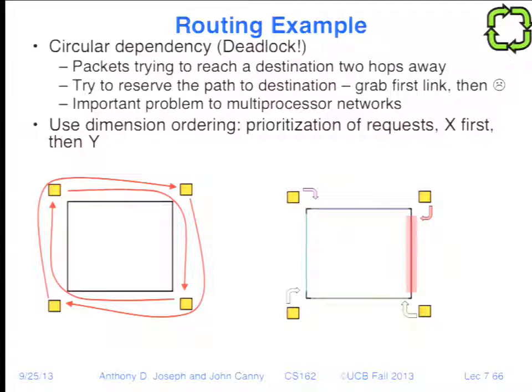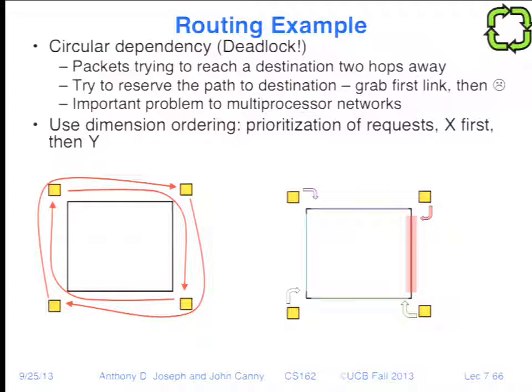So the solution is to use a dimension ordering, because in a geometric cycle like this, there have to be X links and Y links. Dimension ordering gives priority to one of the directions, typically the X direction, and says, all right, this request here is starting with an X route first.